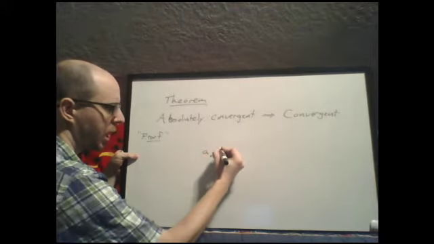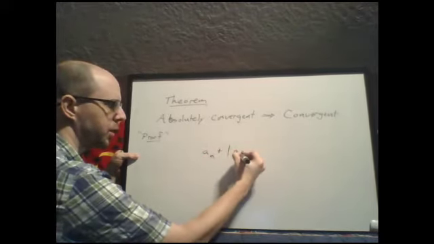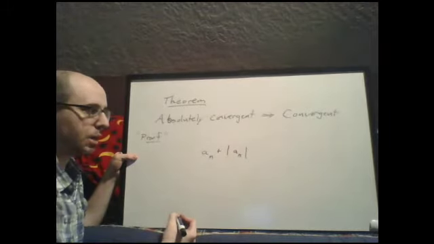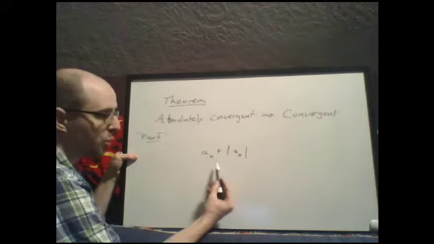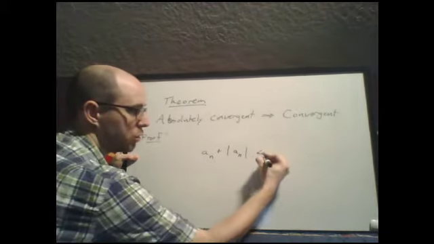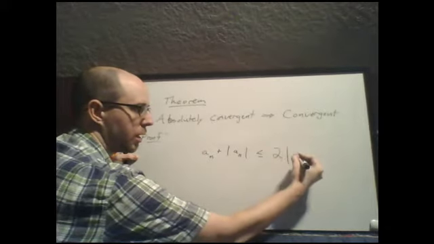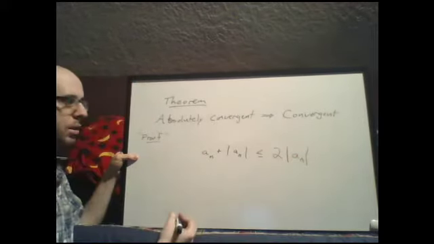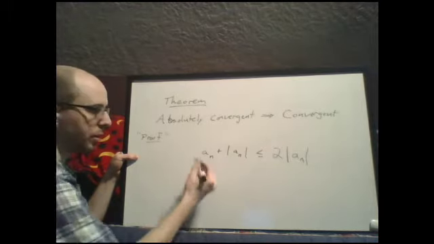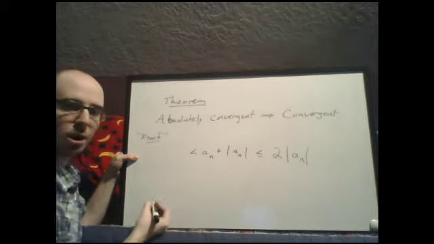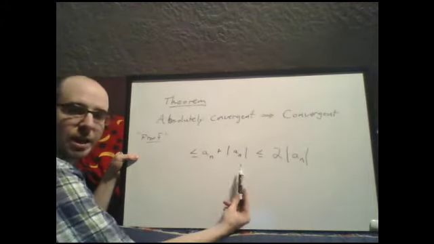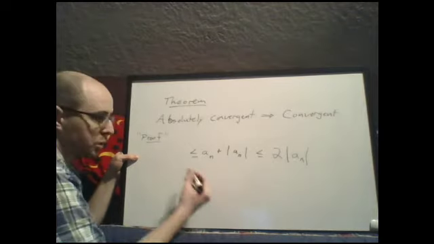If I look at an plus absolute value an, the biggest that could possibly be would be in a situation where an was already positive. This would equal 2 times the absolute value of an, because if an was positive, they'd both be the same. I'd get 2 of the absolute value an. The smallest this could possibly be is if an's negative, an and its absolute value will have opposite signs, so they would cancel.